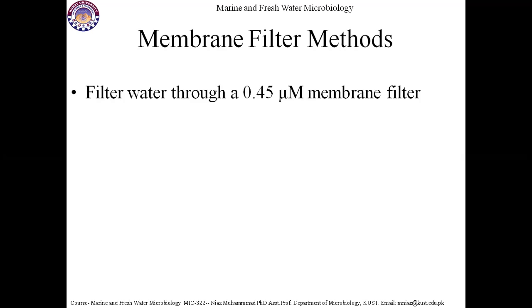We put water from the upper side and suck from the downside, and water will pass through the membrane. As a result of the passage of water through the membrane, all microorganisms present in the water sample will be trapped in the filter membrane, and only water molecules will pass. So if microorganisms are present in the water sample, all microbes will be trapped in the filter membrane.